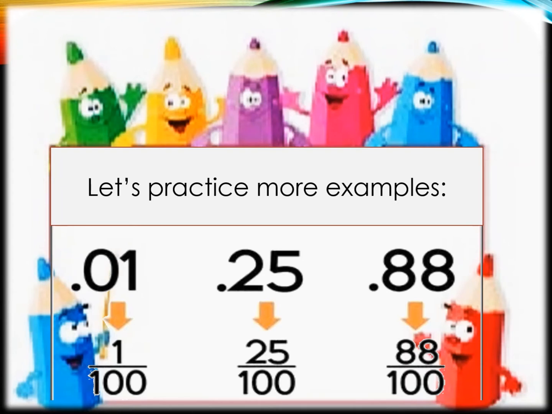Next is 0.88. Again 2 decimal places. We shall add 2 zeros with 1. So the answer will be 88 upon 100. 2 decimal places, 2 zeros; 1 decimal place, 1 zero; 3 decimal places, 3 zeros. Keep this in mind.